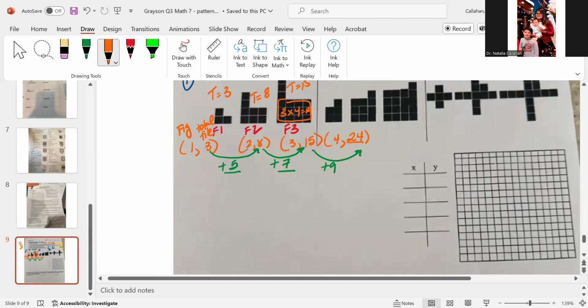Do you understand? Okay, so we know these are inconsistent y values, right? It's not like yesterday where it was plus 4, plus 4, plus 4, plus 4, right? So we can't just use a slope formula for this because it's not going to be accurate, right?